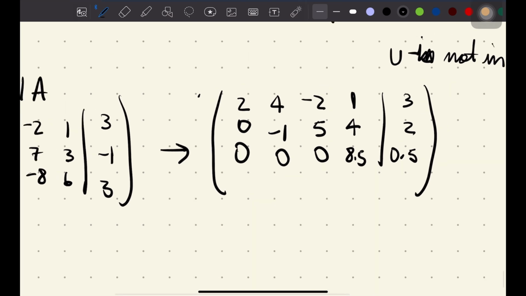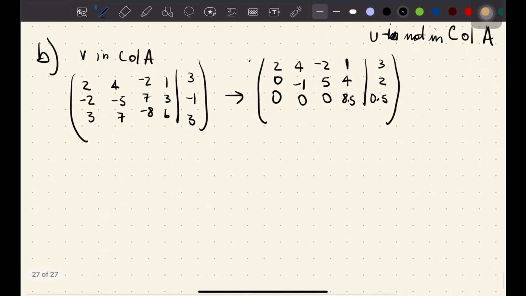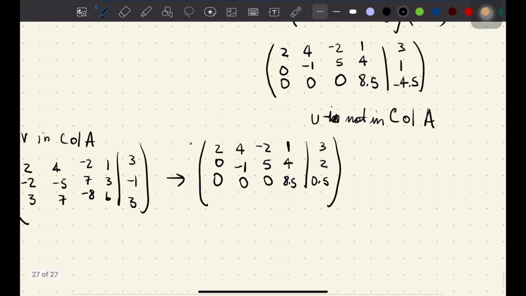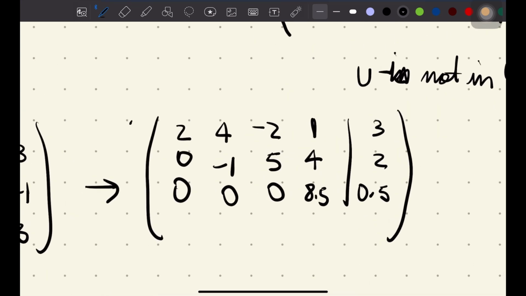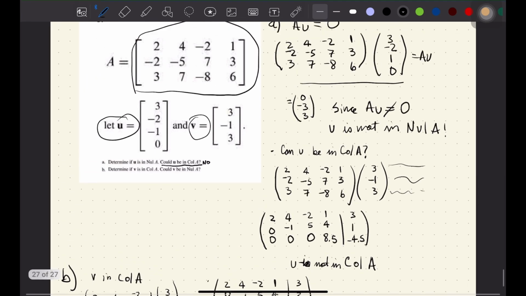Again, just like the last one, the third row indicates an inconsistent system as it cannot have a non-zero value on the right-hand side. So therefore, there is no solution. It is not in Col A.